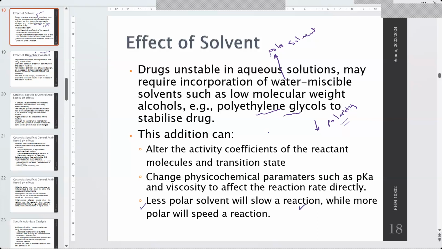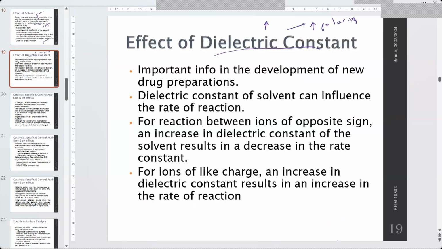It depends on the products of the reaction. Okay. So dielectric constant of the solvents, this means the polarity of the solvent, may affect the decomposition of the ingredient.